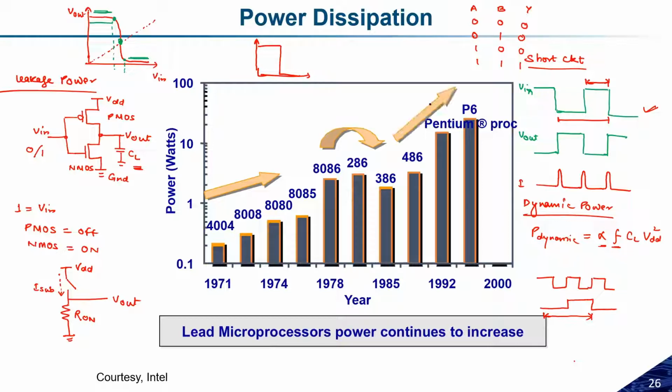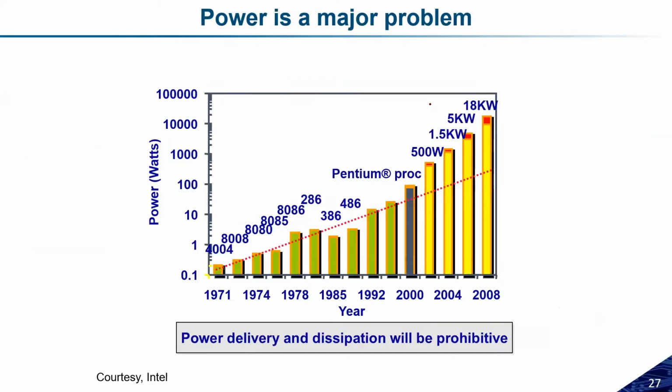So this is all about the trend. I just told you, if we are reducing the size, there is more transition. More transition means more activity per unit area, and if more activity is there, the power dissipation will also be increased.